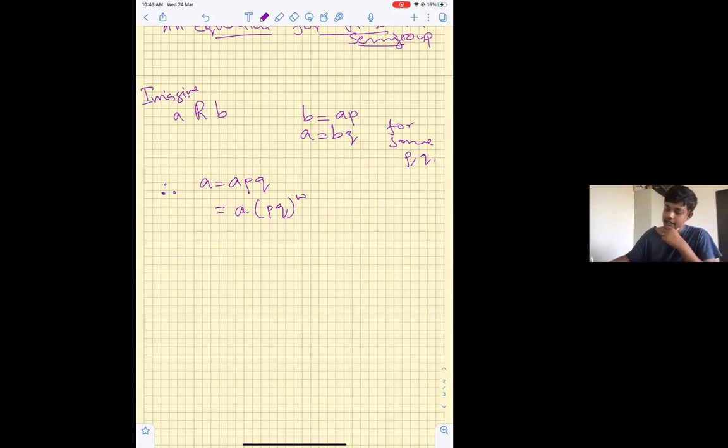So far clear. What about these two elements, (PQ) to the omega and (PQ) to the omega times P? Can you say something about them?